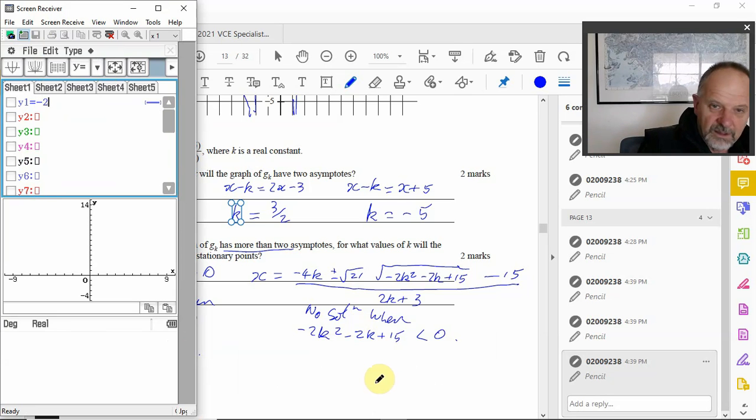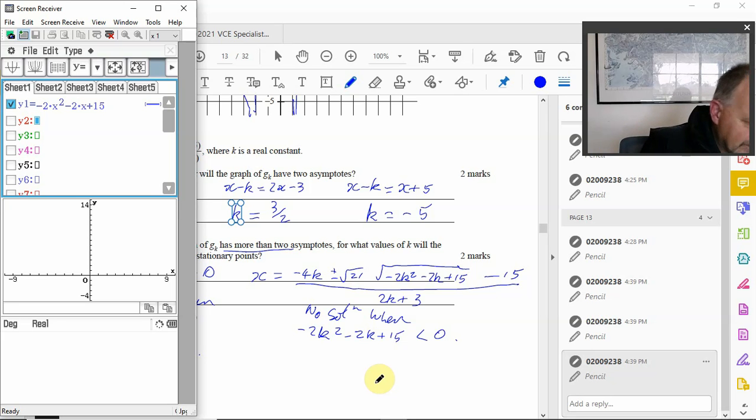Minus 2z squared minus 2z, except I don't want to use z, because I want to use x, because it's an xy graph, not a yz graph. Minus 2x squared minus 2x plus 15. Let's graph that.